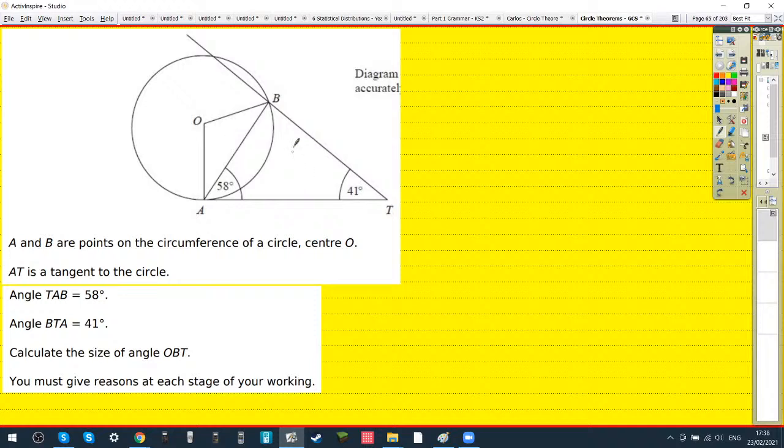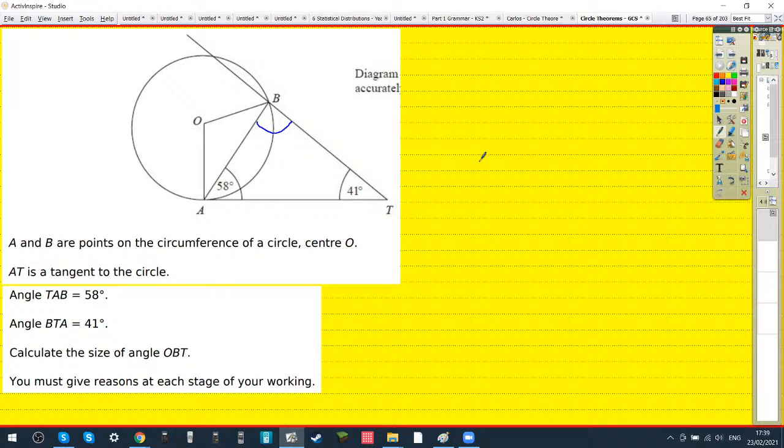How about this angle here? That is 122 degrees.